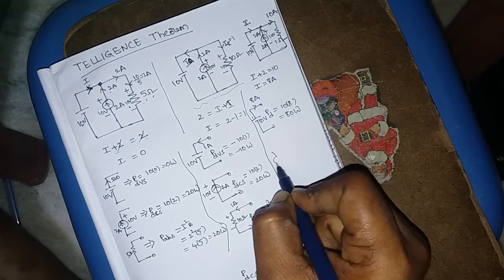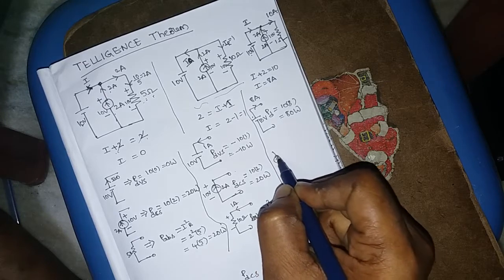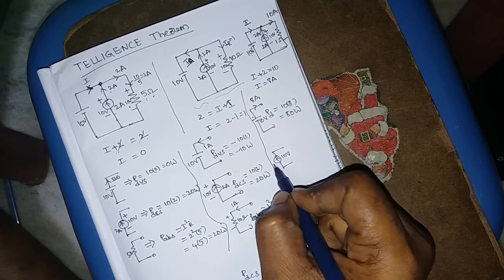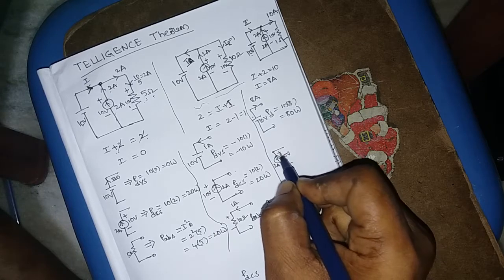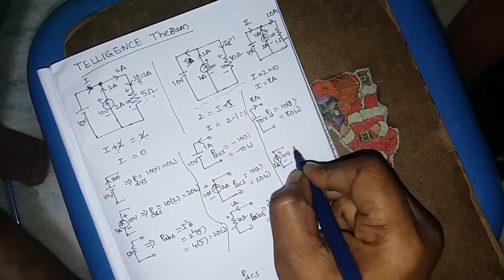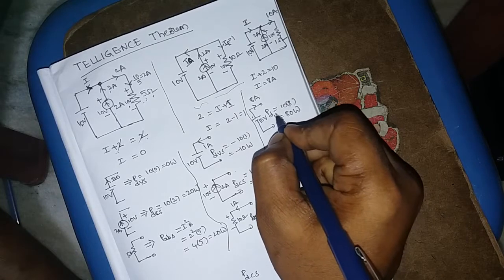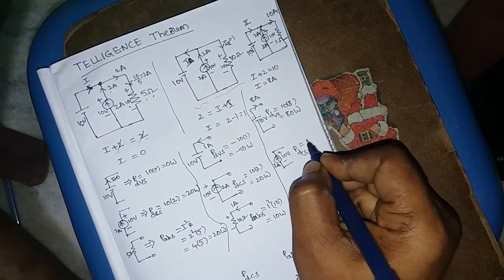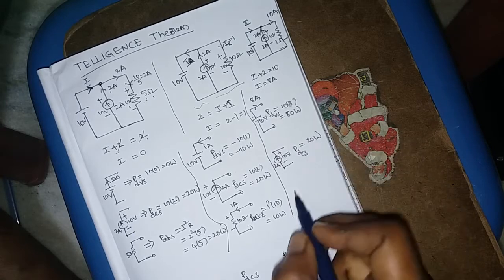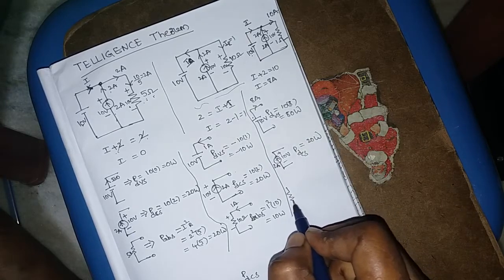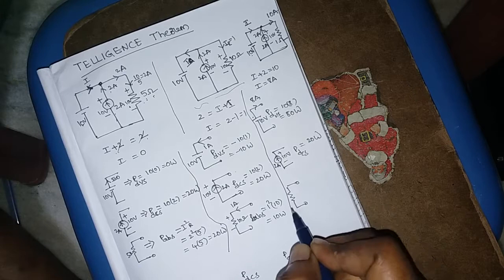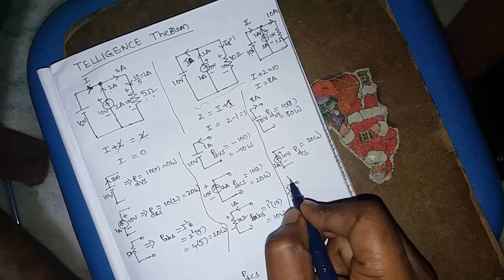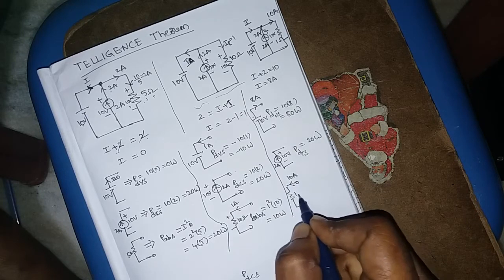And there is no change in the current source, that is the power delivered by the current source. 10 volts, 2 amps, plus minus, hence power delivered by current source is equal to 20 watts. The resistor, it is changed. The current is 10 amps, 1 ohm.